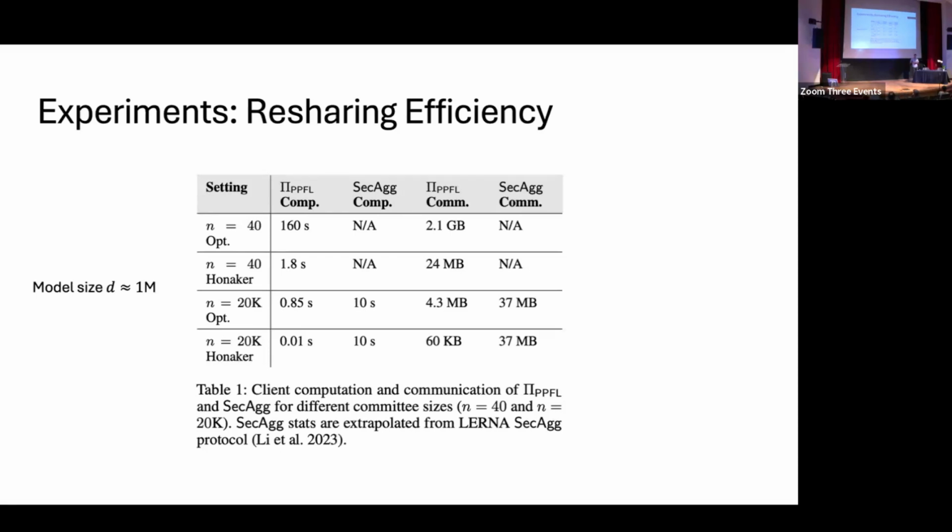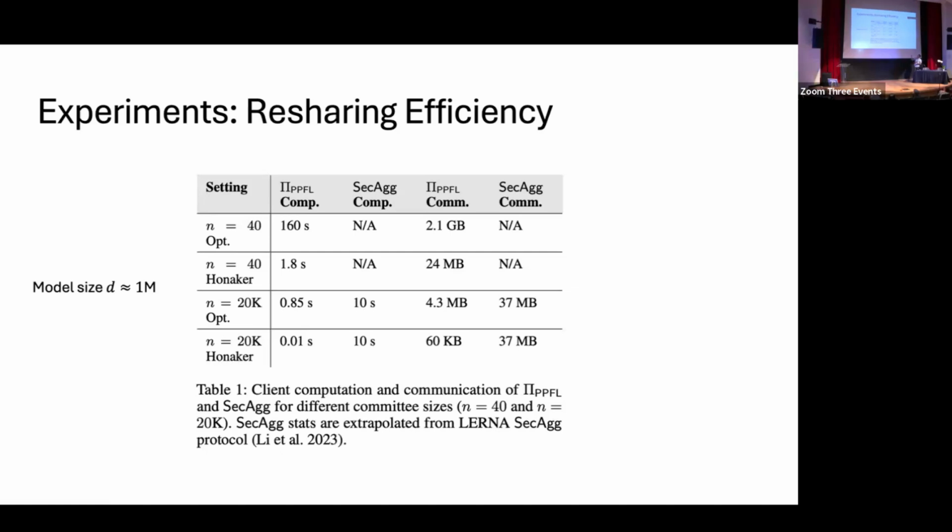So we had to extrapolate based on their experiments. But for this 20,000 client setting, you see that the overhead from the resharing protocol is actually quite small compared to what you already have to pay for the secure aggregation protocol.